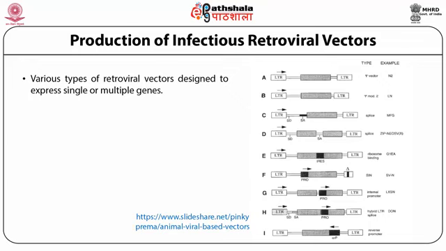Then we have other insertions and splicing, and different vectors can be produced by adding different components, as you see in E, F, G, H and I, depending upon the requirement, depending upon the gene we want to express, and depending upon the purpose for which we want to use the viral vector. We can generate the vectors in a laboratory, or we can find them commercially also.